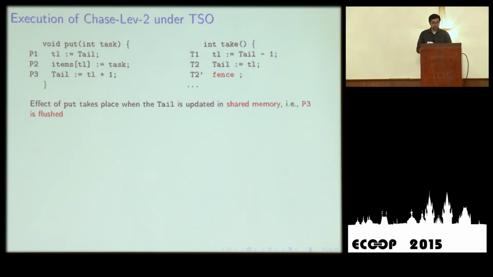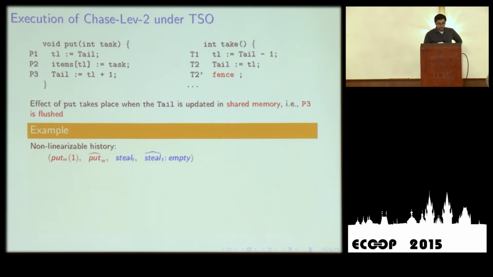Okay? So the thing we realize is that the effect of a put operation takes place when this shared tail variable is updated in shared memory, which means that the write at P3 is flushed. Yeah. So let me motivate this using some examples.